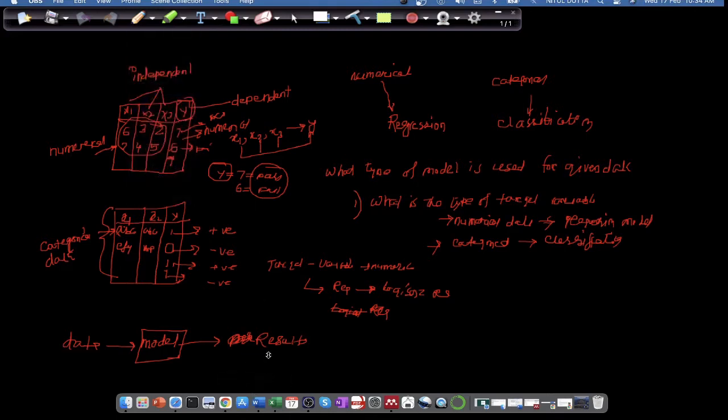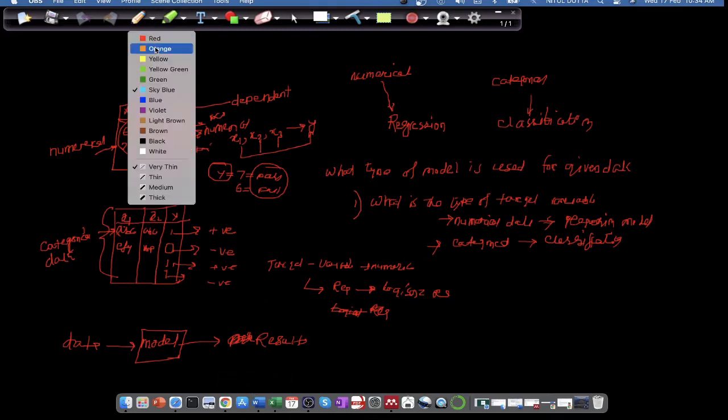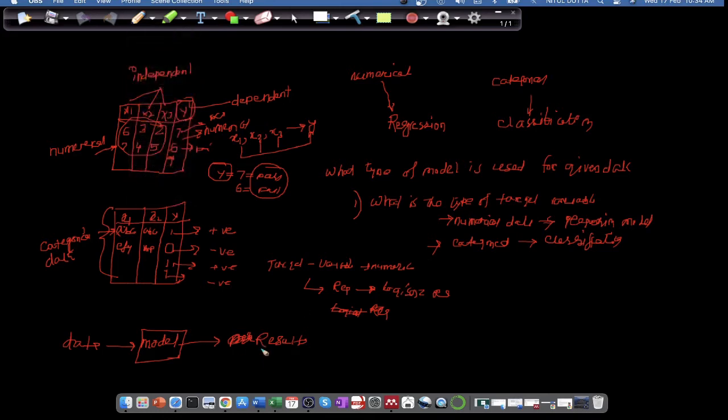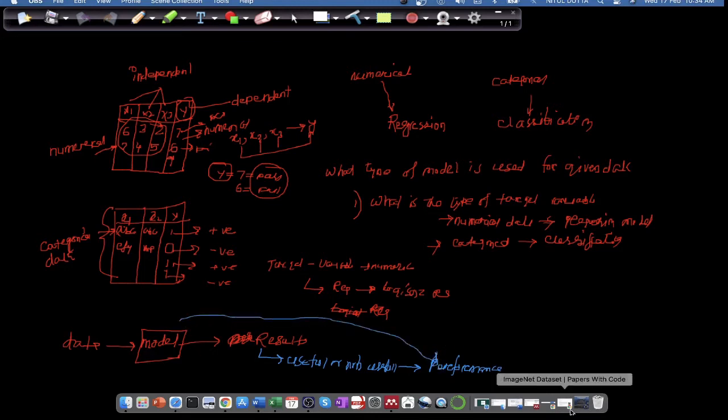We need to verify whether the results are useful or not. In order to find whether these results are useful or not, we have to evaluate the performance of the model. And to evaluate the performance of the model, we use performance metrics.